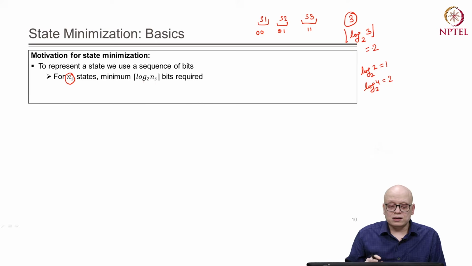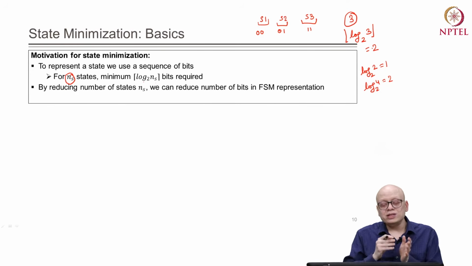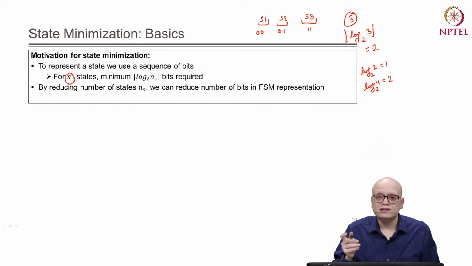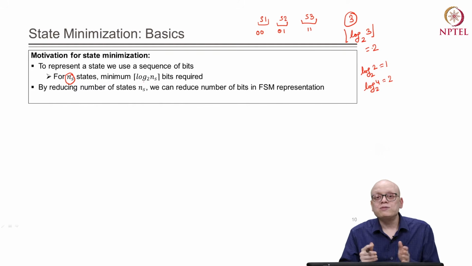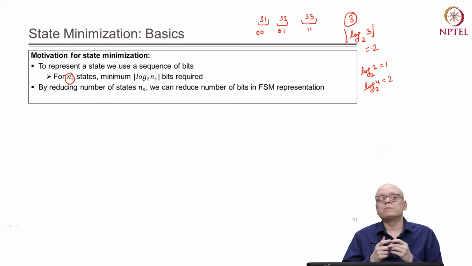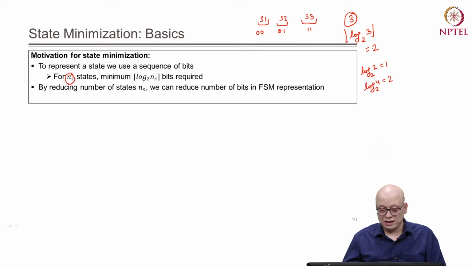So, the number of states and the number of bits required are related. By reducing the number of states, we can reduce the number of bits required in an FSM representation. For example, if we have 100 states and we reduce it to 50 states, then the number of bits required for the representation will reduce, and therefore we can save in the number of flip flops and area. Why?